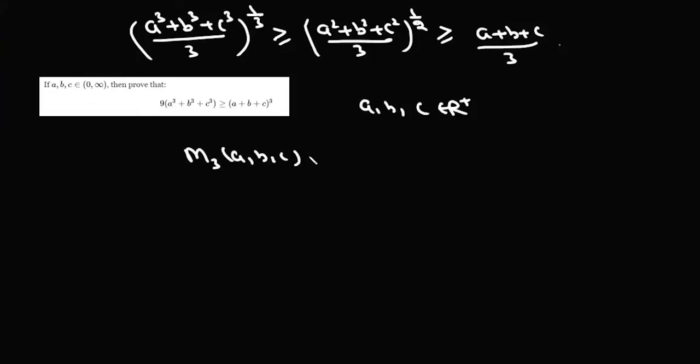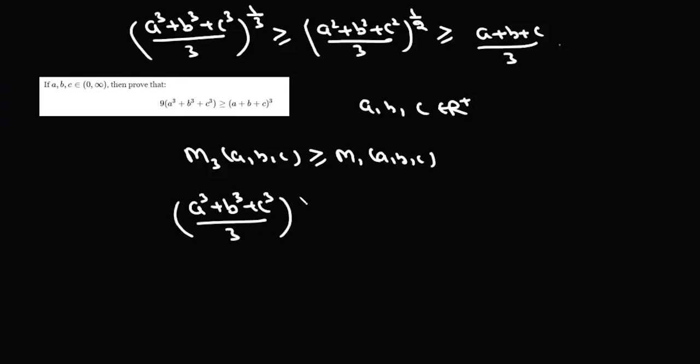M3(a,b,c) will be greater than or equal to M1(a,b,c). Now M3(a,b,c) is (a cube plus b cube plus c cube upon 3) to the power 1 by 3 and will be greater than or equal to (a plus b plus c) by 3.